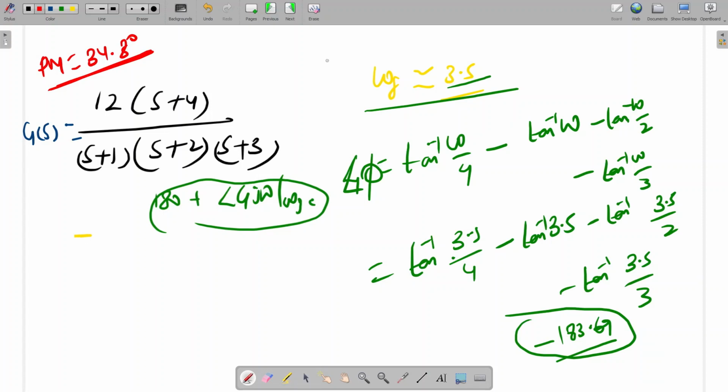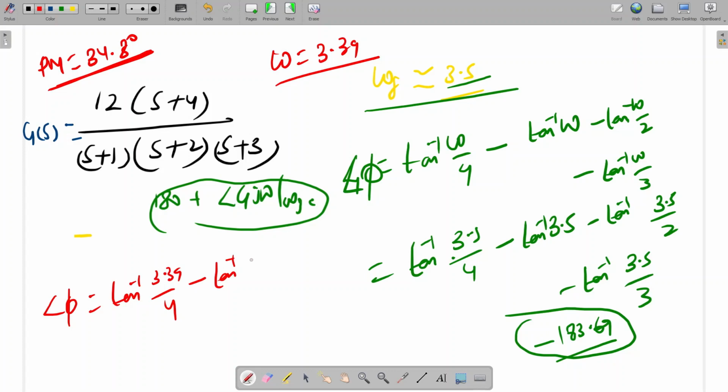Omega is equal to 3.39. So phi will be tan inverse 3.39 by 4 minus tan inverse 3.39 minus tan inverse 3.39 by 2 minus tan inverse 3.39 by 3. Correct?